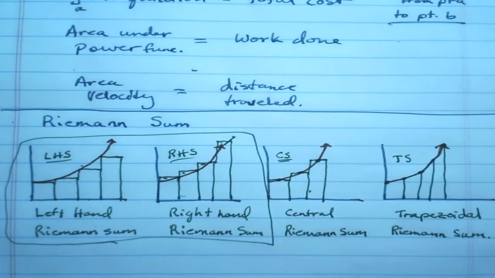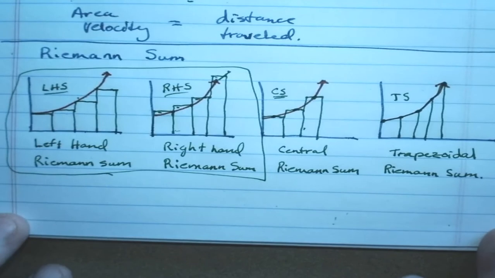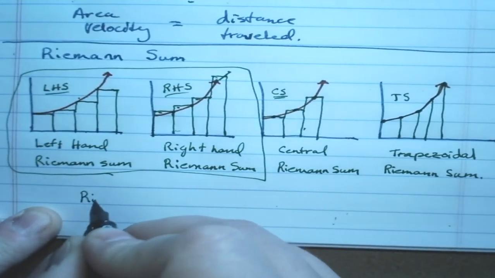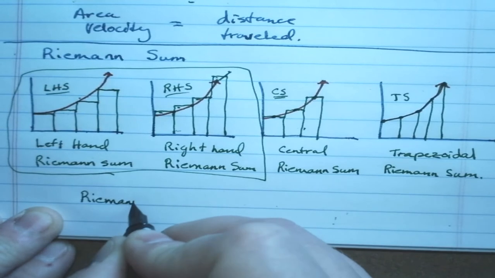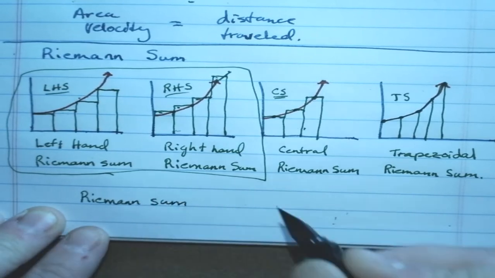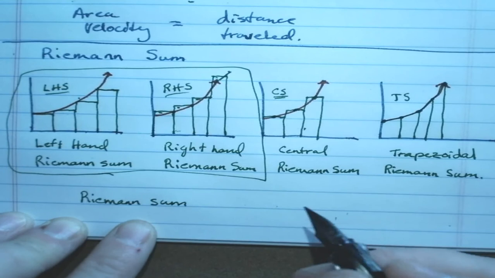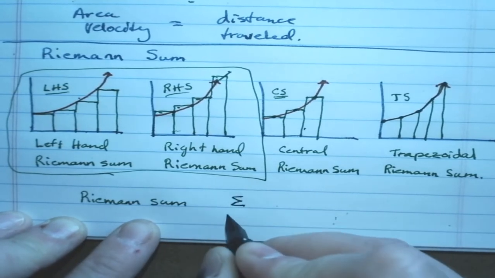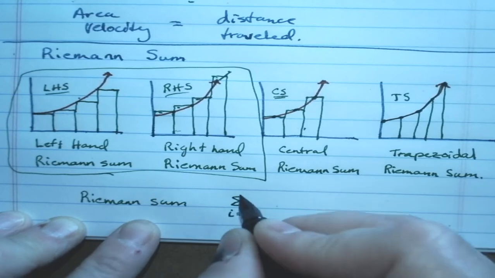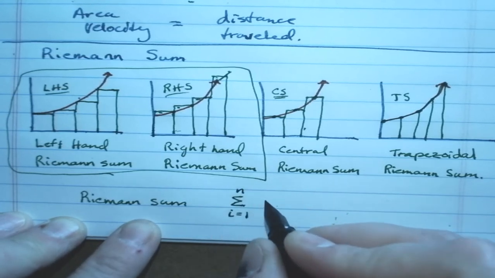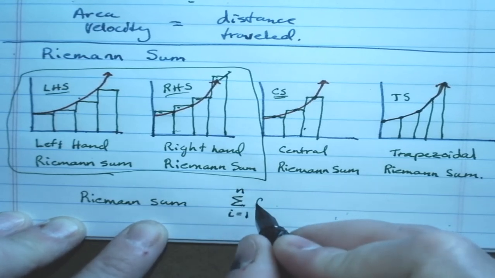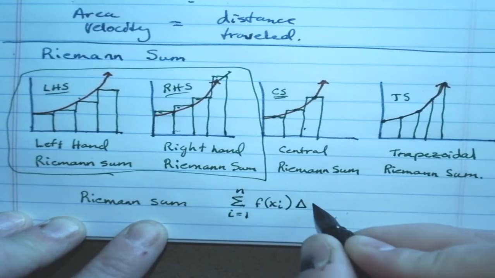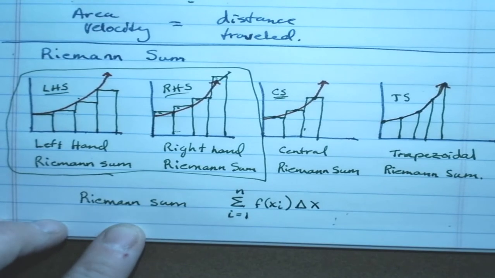Now, a Riemann sum has a mathematical representation, okay? So a Riemann sum would be written as follows. It would have this mathematical notation, and it would say something like this: sum from i equals 1 to n of f of x sub i delta x.